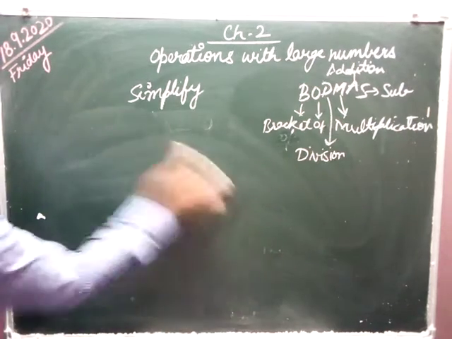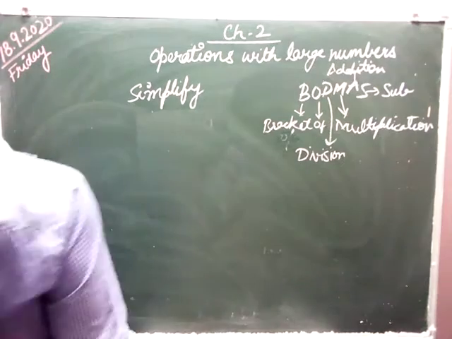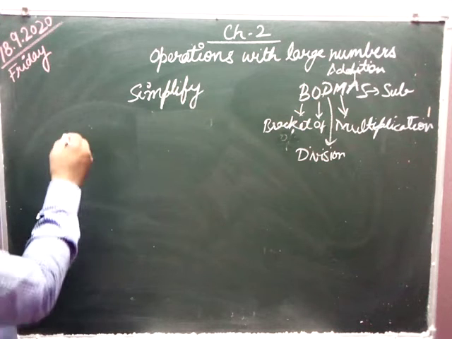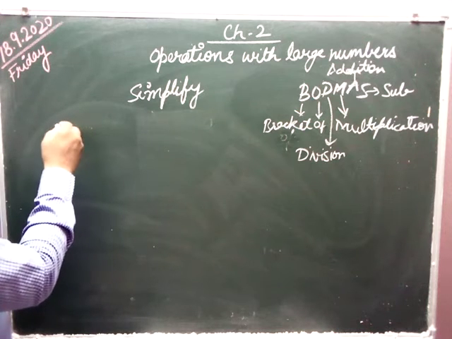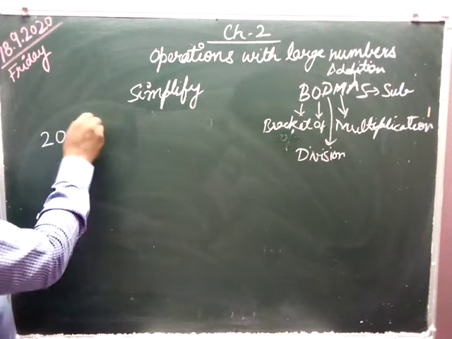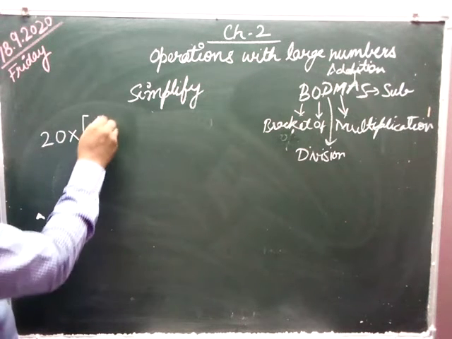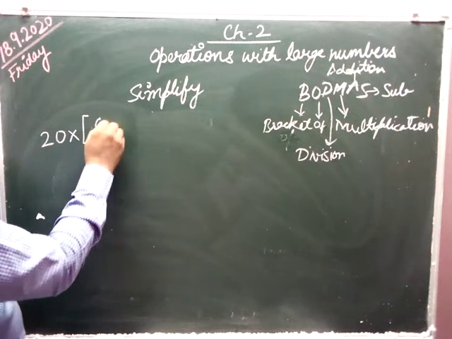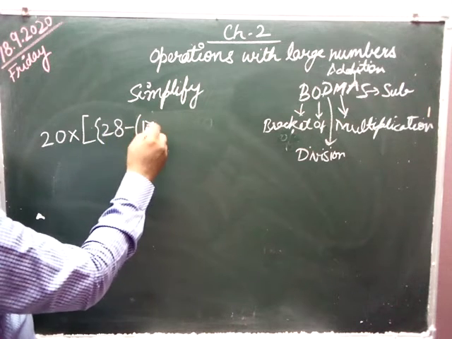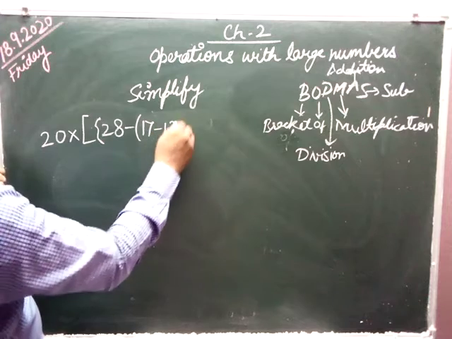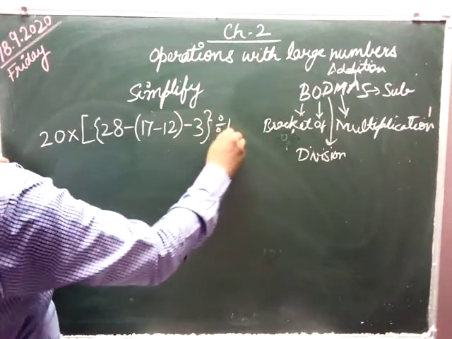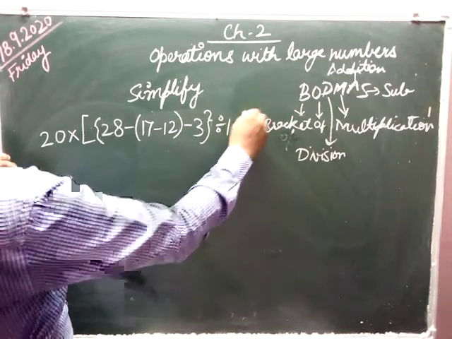So let's take some more examples for understanding. A question is there: 20 multiply by the square bracket, 28 minus the bracket 17 minus 12, minus 3, closed, divided by 10. The bracket is closed.